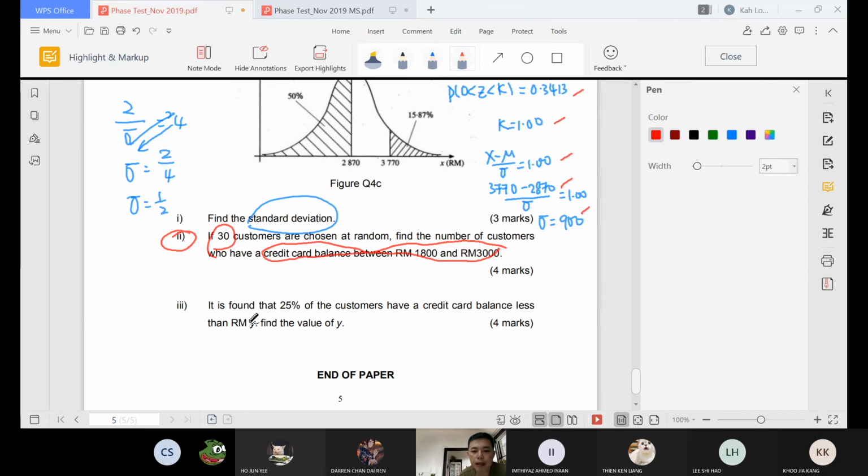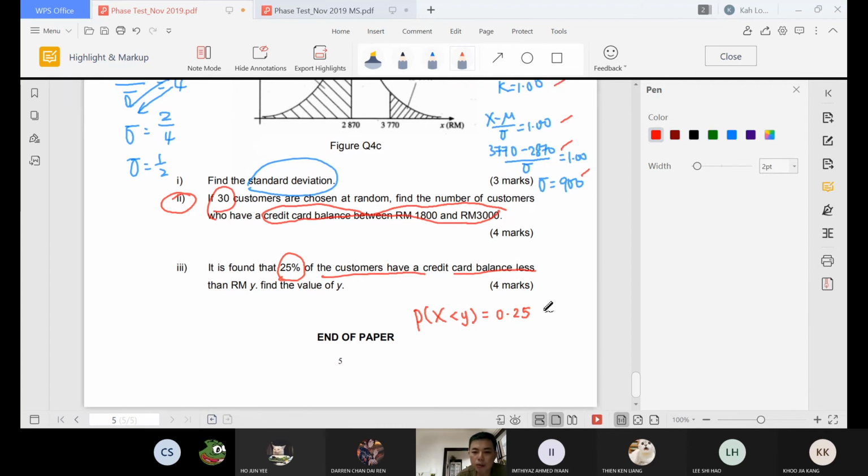Now see, if found that 25% of the customers who have a credit card balance less than Y. So actually it is P(X less than Y), which is 0.25. So you want to find Y.